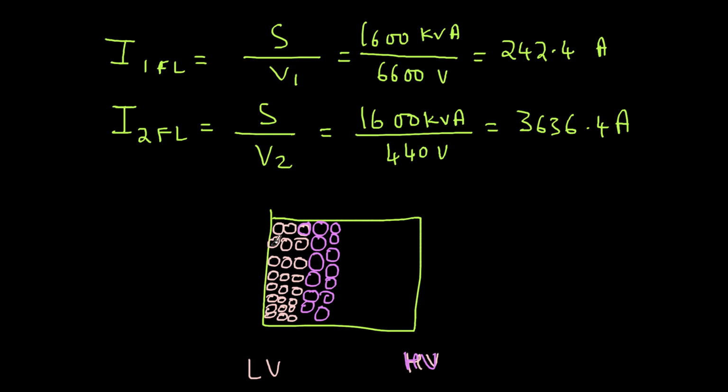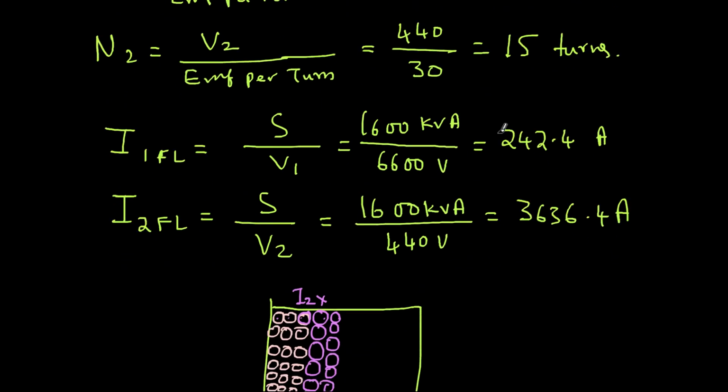Now the current density is also known. If I multiply the number of turns by the current each is carrying, and then divide by the current density, I'll get the area. Let's say each turn on the low voltage side carries I2 amperes, multiplied by the number of turns in the secondary, which is 15.